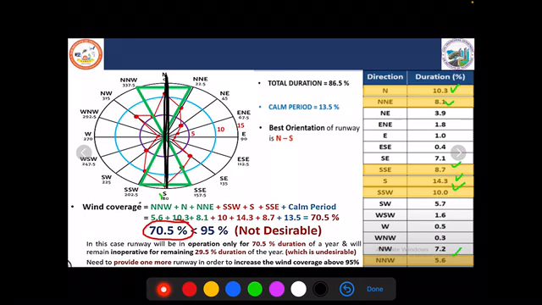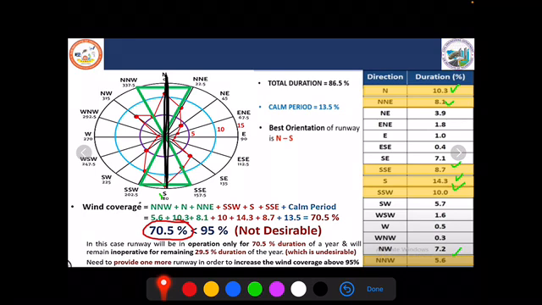So that note you have to write here: the runway will be operational for 70.5% duration in the year, and it will remain inoperative for the remaining 29.5% duration. So it is undesirable. We need to provide one more runway in order to increase the wind coverage above 95%.